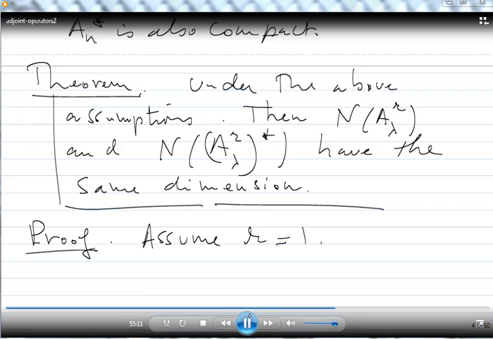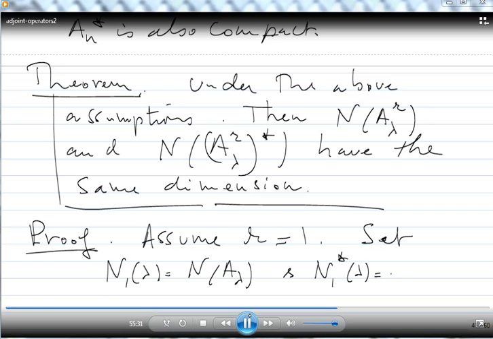Set as notation N1 of lambda to be the null space of A lambda, and N1 star of lambda to be the null space of A lambda star, just for notation.